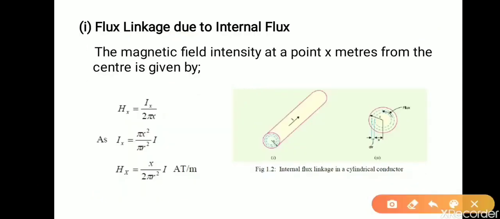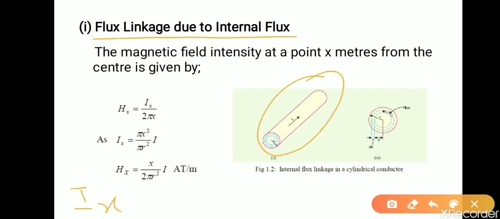First we will discuss the flux linkage due to the internal flux. Now let Ix be the current flowing inside this conductor, due to which internal flux phi will be produced at a distance of x meter from the center of the conductor.